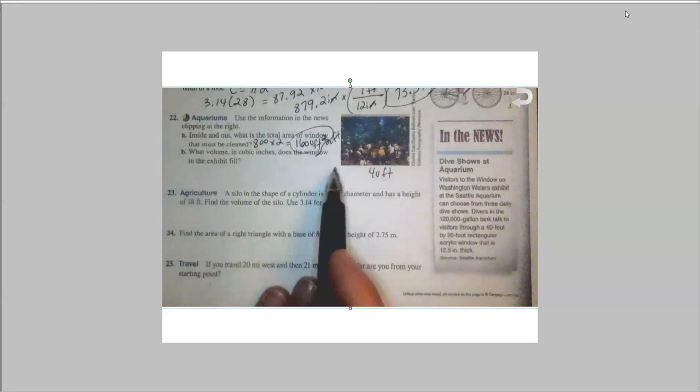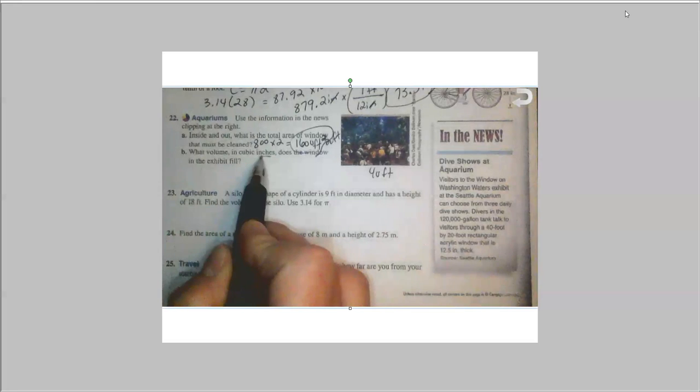Now B asks for volume. Remember, this glass has a thickness, okay? So it's got a thickness to it. Volume is length times width times height. What volume in cubic inches does the window in the exhibit fill? All right, so here's what we've got to be careful about. My question wants an inches answer. The thickness is given in inches, but the length and width here are in feet.